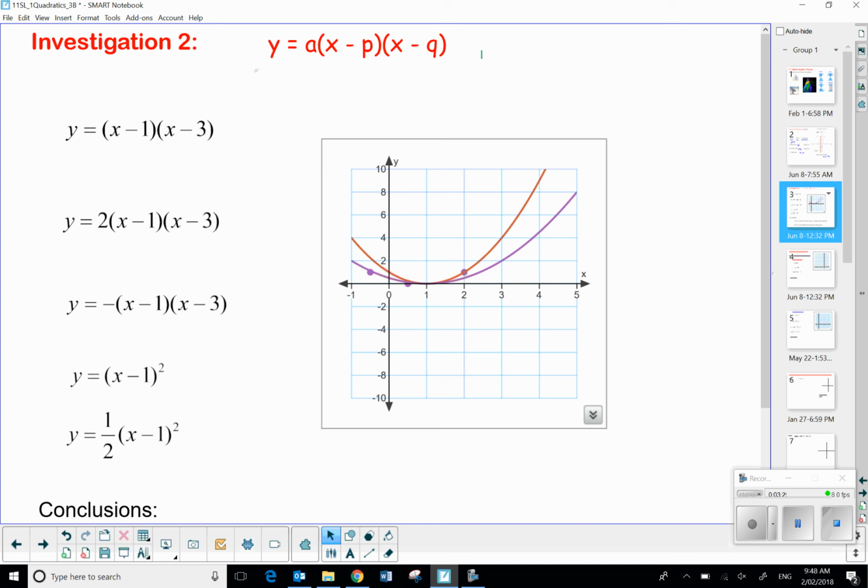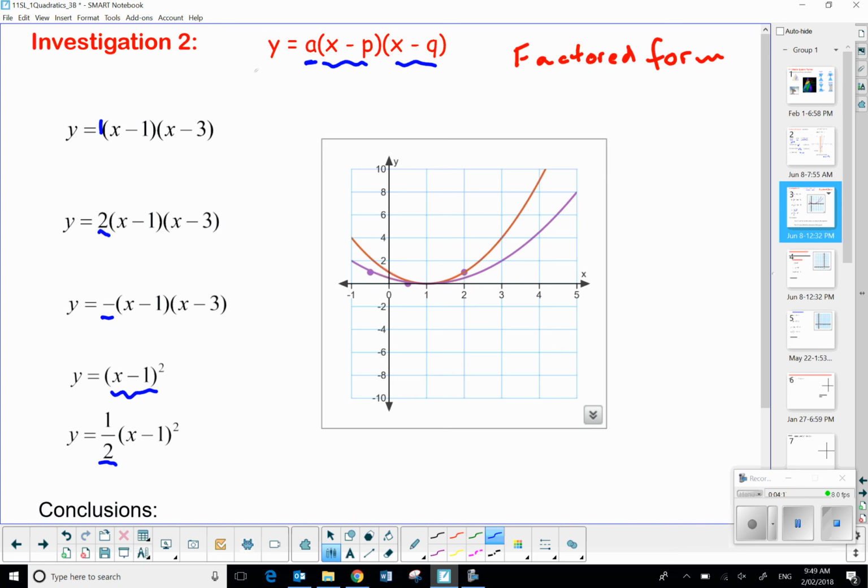The a is going to be telling us something about the function. In this case, our a value is 1. Here it's 2. We've got -1.5. So you'll have a look and see how the a value affects our graph. In our graph here, we see we have just 1 zero, which means we've got 1 factor that's repeated.